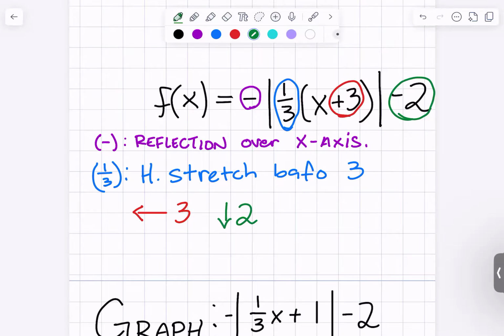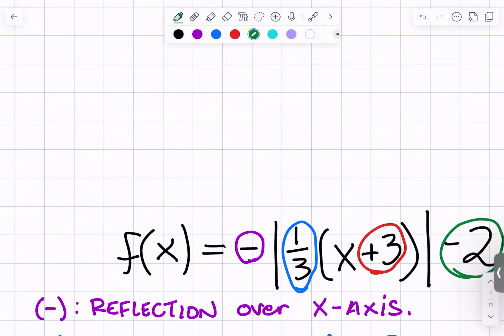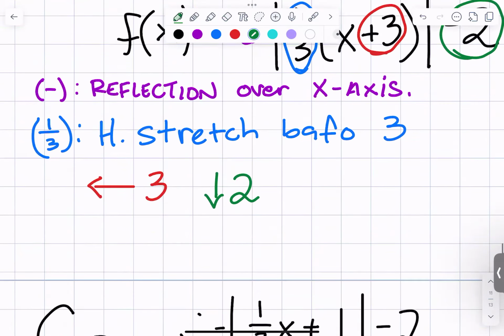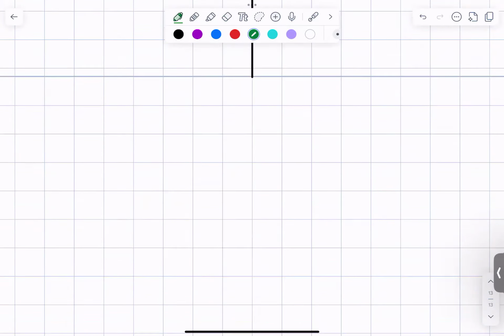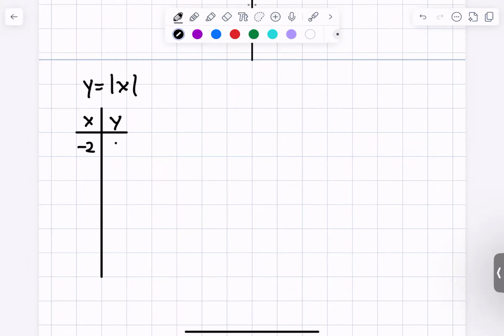All right, since we graphed the first one, I'm going to do the points for this one. The first one is a reflection, but before we do the reflection, we have to do our parent function. So y equals absolute value of x. So x, y is -2, 2, -1, 1, 0, 0, 1, 1, and 2, 2.